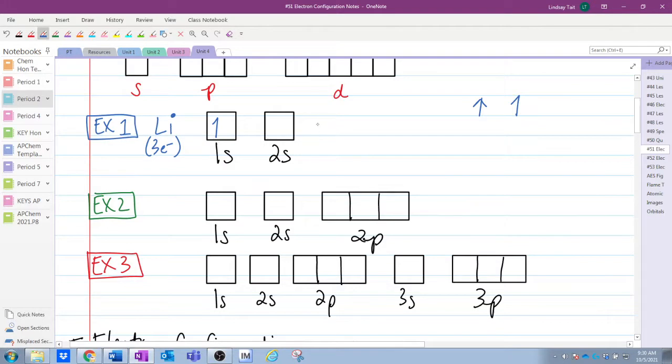So my second arrow is going to go in the same box. But Pauli's exclusion principle tells me something about that second electron. You can't have 2 identical electrons, so practically, if they are in the same orbital, they have to have opposite spin. So how do I make it look like it has opposite spin? Well, this second arrow, I'm going to point down, not up.